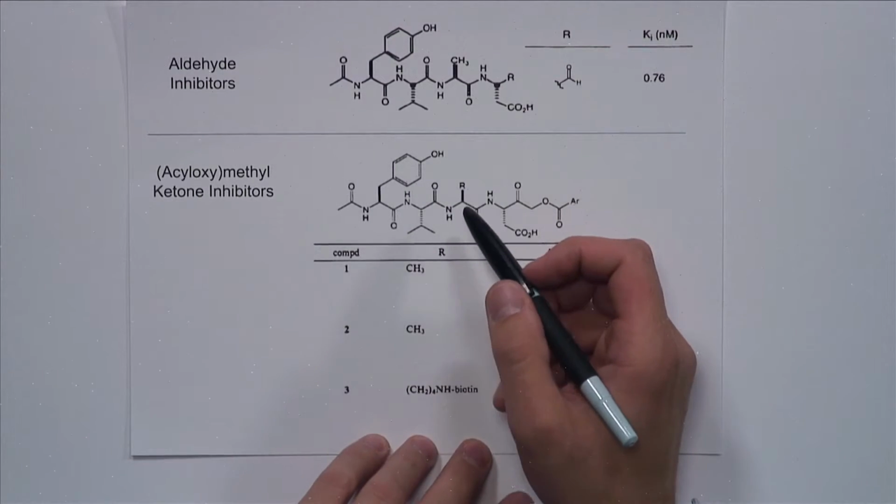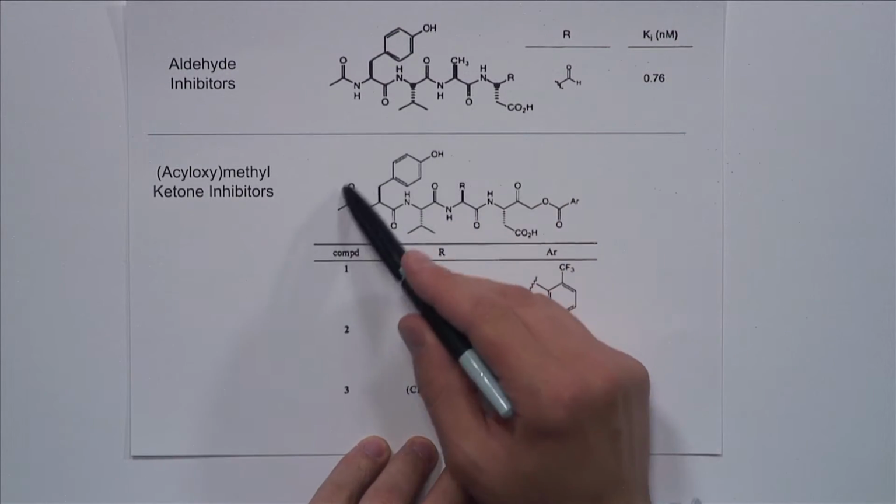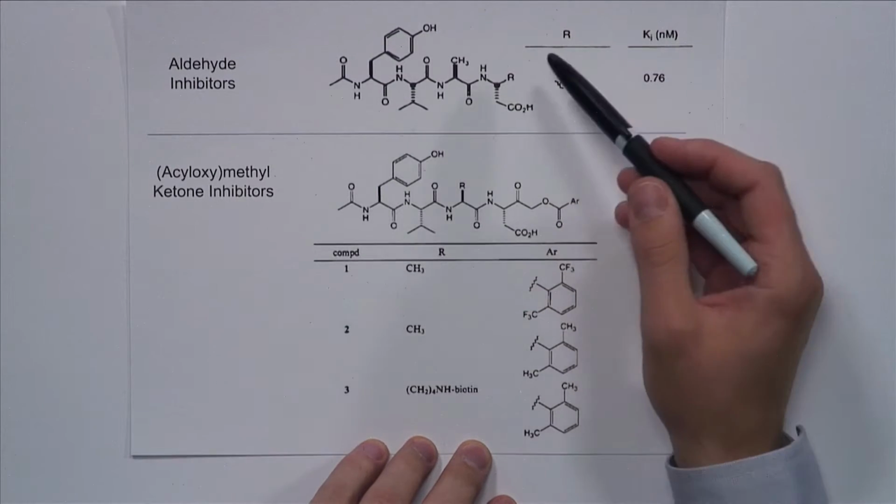Question 3 is asking us to propose a mechanism by which the second kind of inhibitor, the acyloxymethyl ketone, is inhibiting the protease. As you see here, the acyloxymethyl ketone is actually very similar to the aldehyde inhibitor.